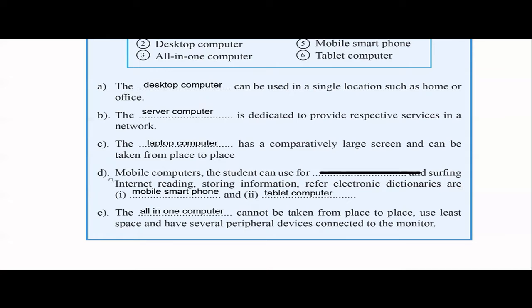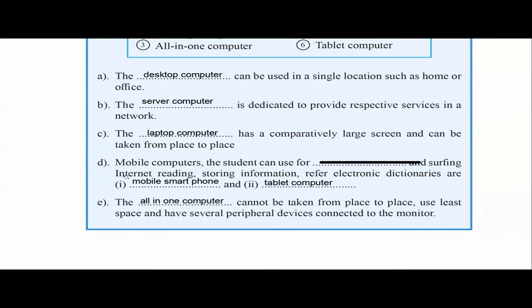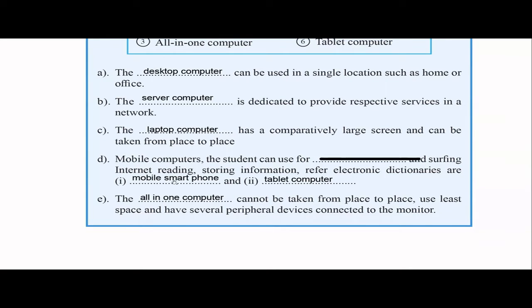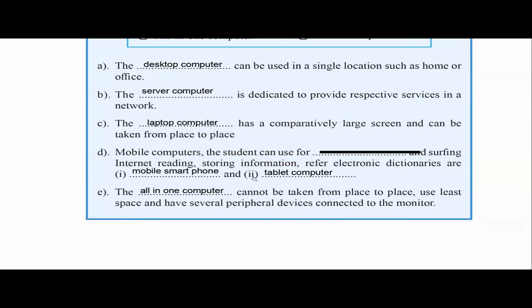These should be mobile computers. So what are the mobile computers? You have the mobile smartphone and the tablet computer. Both of them have a somewhat smaller screen. That is why they are portable, but the screen size is a bit small. So these two can be considered as not the answer for the previous one, right?